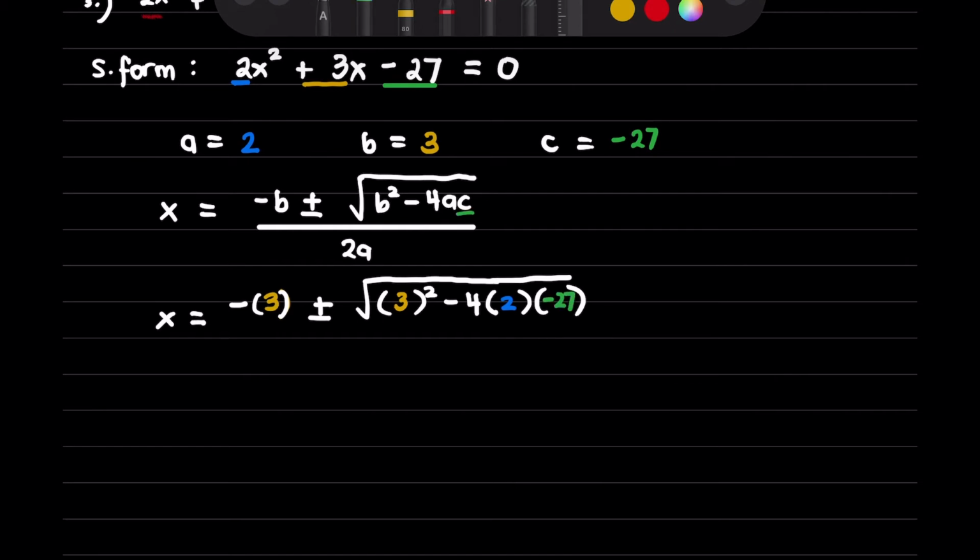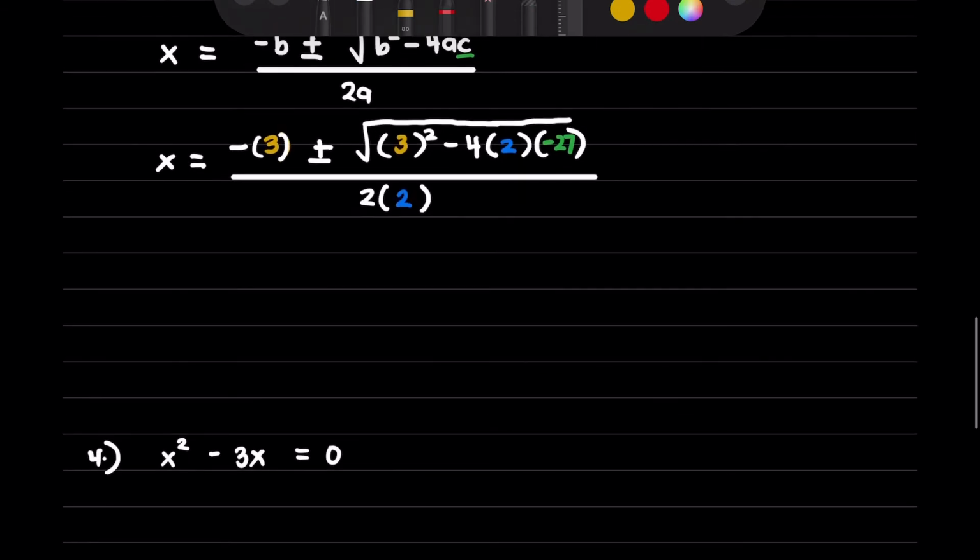Careful kayo sa mga sign. Minsan dyan tayo nalilito. All over 2 times a. And ang a natin, the value of a is 2. Okay? So, solve natin. X equals negative times positive, that's negative 3.